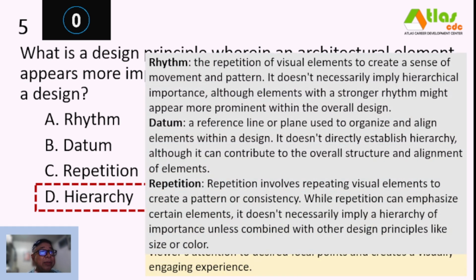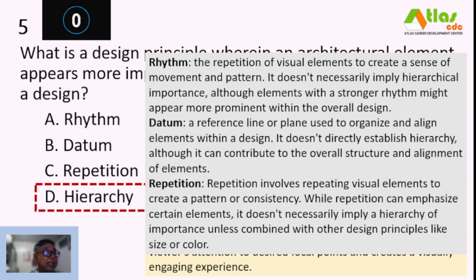Rhythm is the repetition of visual elements to create a sense of movement and pattern. It doesn't necessarily imply hierarchical importance, although elements with a stronger rhythm might appear more prominent within the overall design. Datum is a reference line or plane used to organize and align elements within a design.